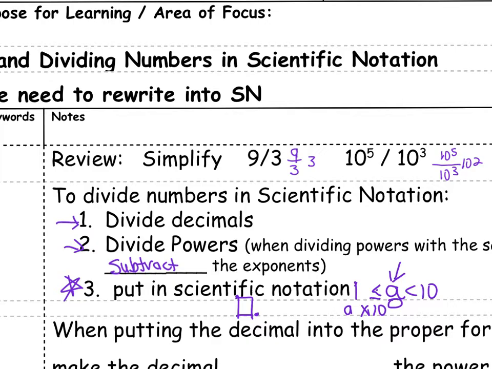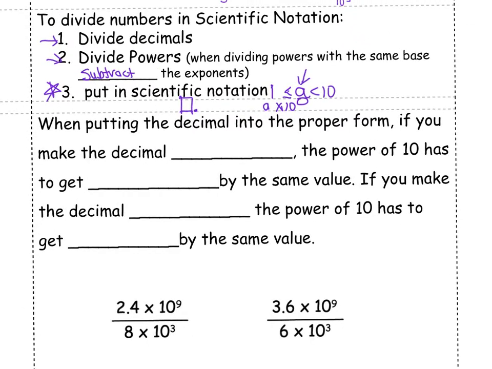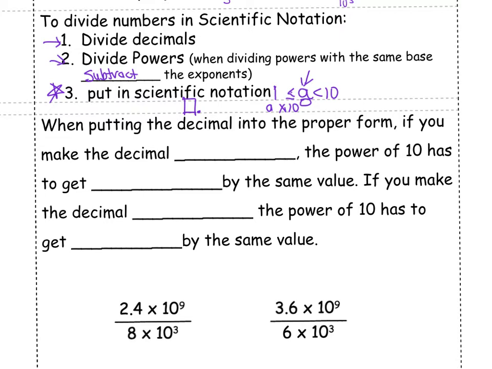All right, and then the new thing is when putting the decimal in proper form, and I'll show you what I mean by this, you need to make sure that if you're making the decimal smaller, that means you have to multiply by a power of 10 that's greater. So the power of 10 has to get greater by the same value, which makes sense.